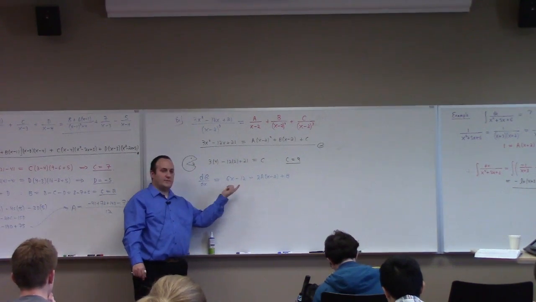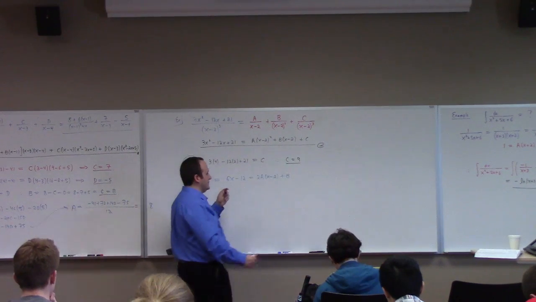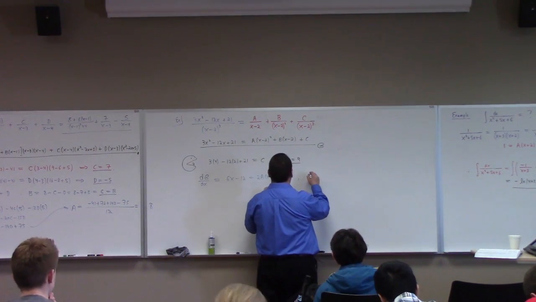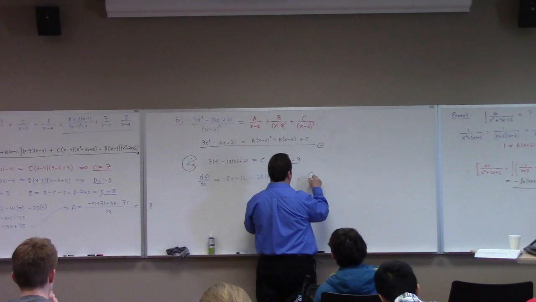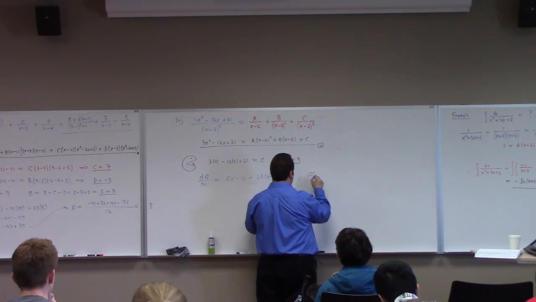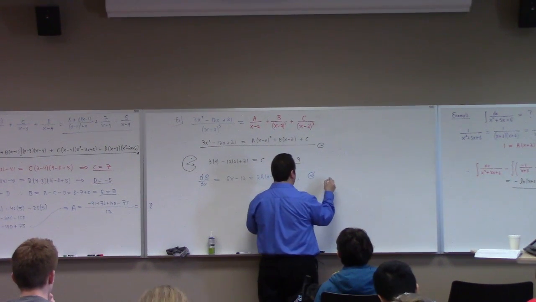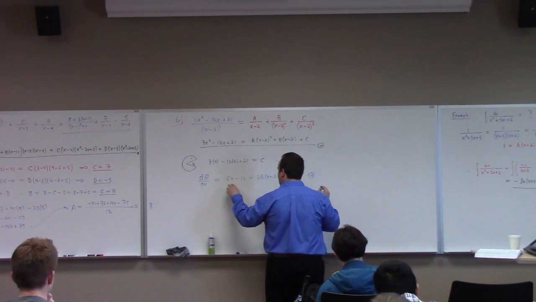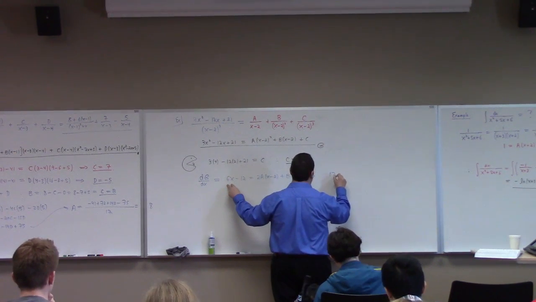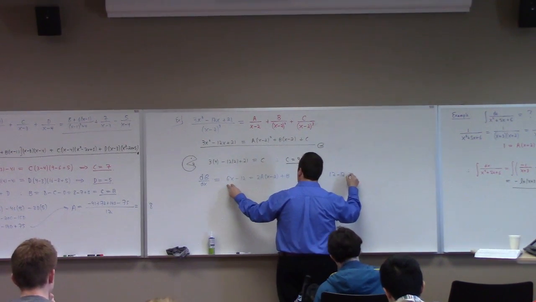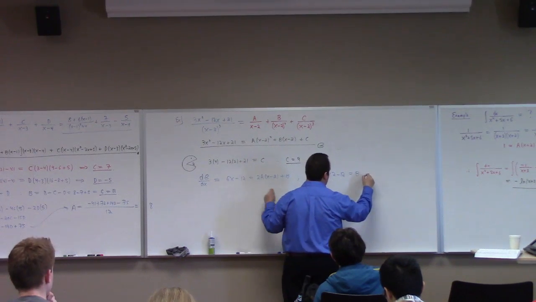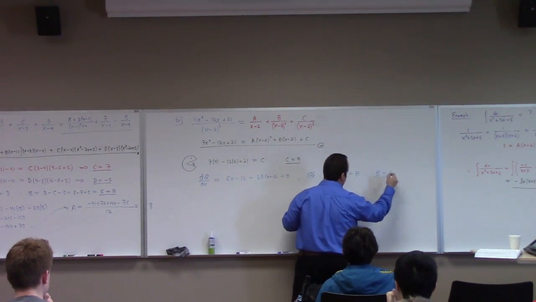So then what's this? Pac-Man prime, eating a 2, gives me 12 minus 12, right? Equals what? B. B is equal to 0.